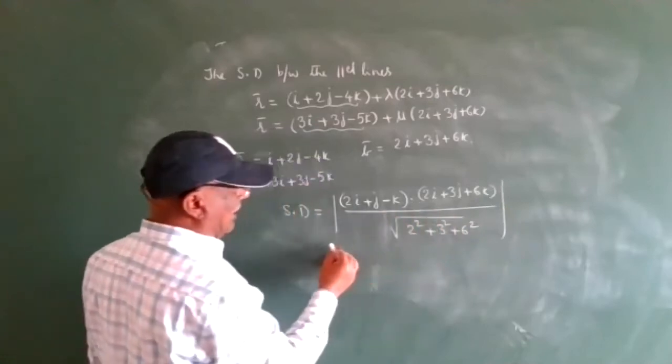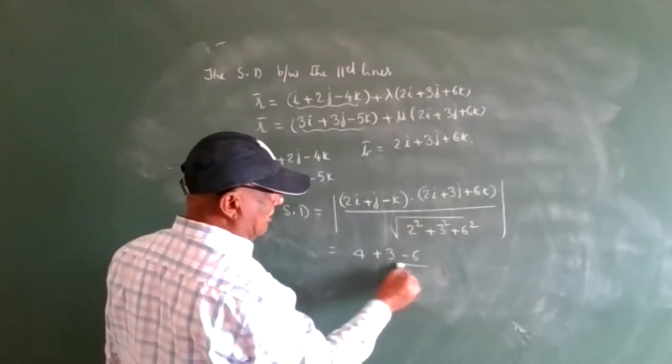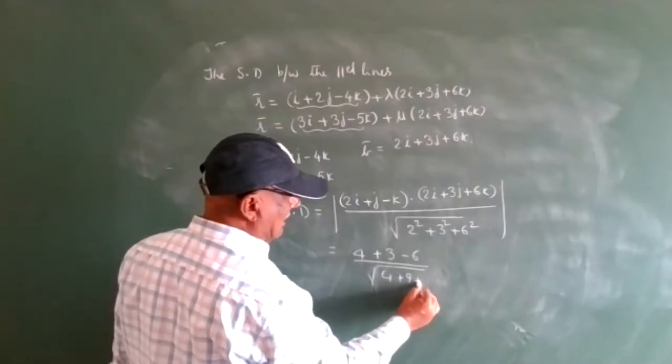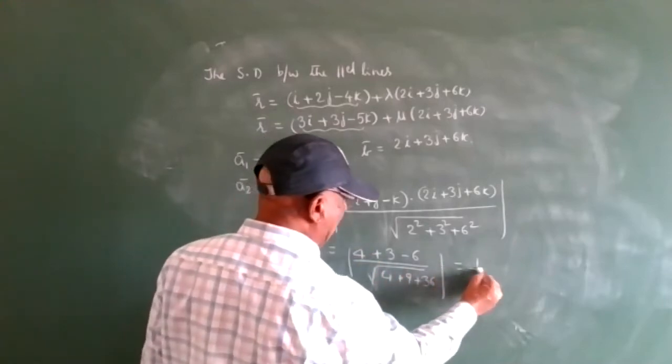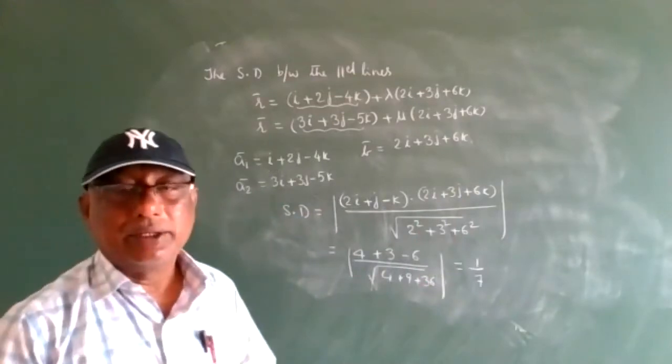Okay, now simplify: 4 plus 3 minus 6 by root over 4, 9, 36. Its value is 1 by 7, which is the answer. That's enough. Okay, now?